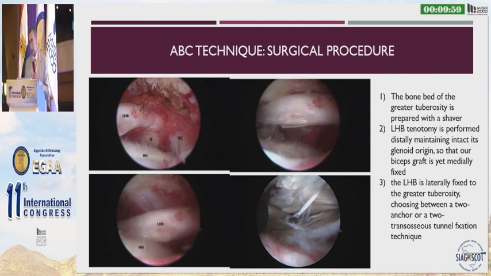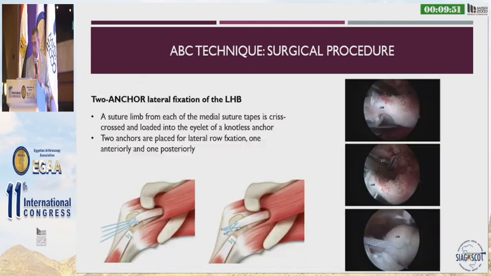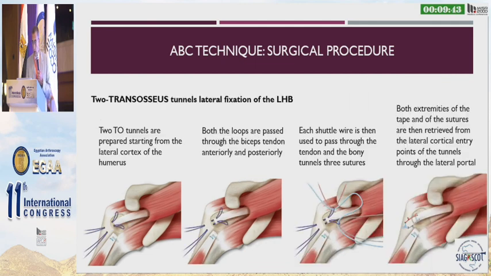The long head biceps tenotomy is performed distally, as we will see later, and laterally fixed to the greater tuberosity. We can do it with 1 anchor or 2 anchors, as described in this case, or otherwise with the transosseous tunnel.